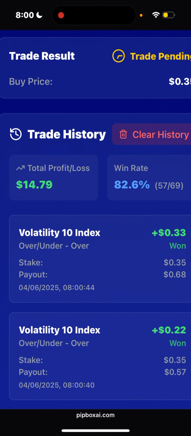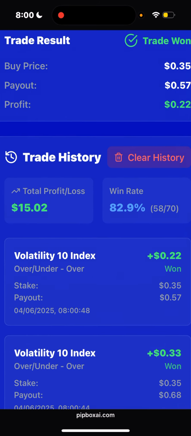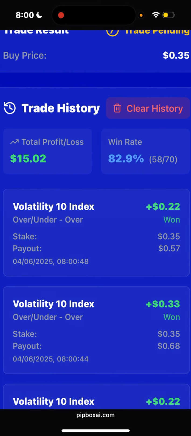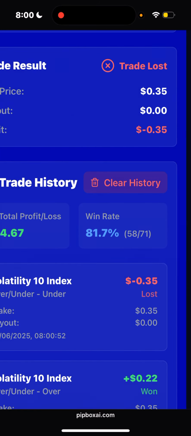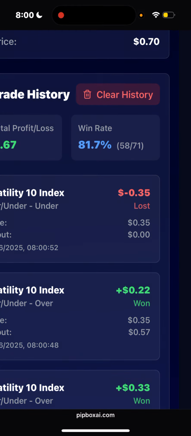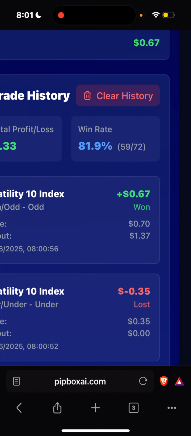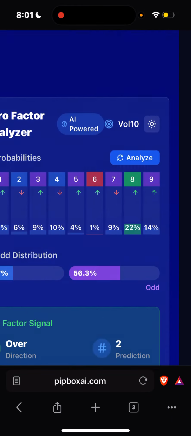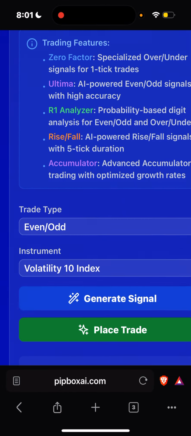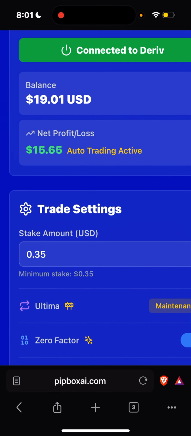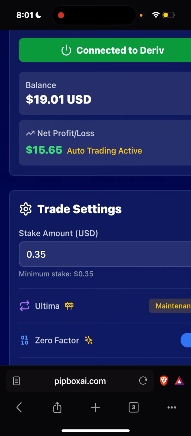Let's see. Account balance is at, oh, this is the profit. We have win rate at 81%. We just have one loss coming in right now. It has been taken care of. Account balance is almost at 20 USD.